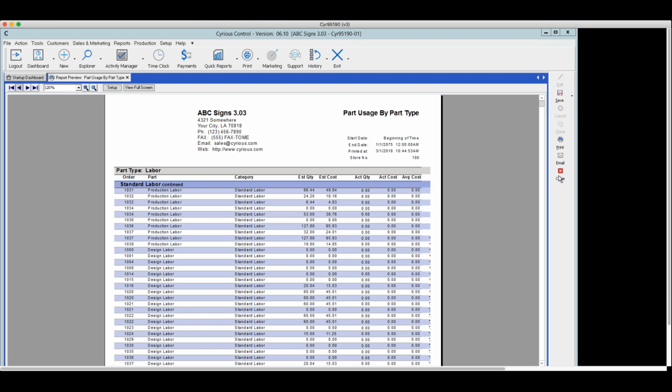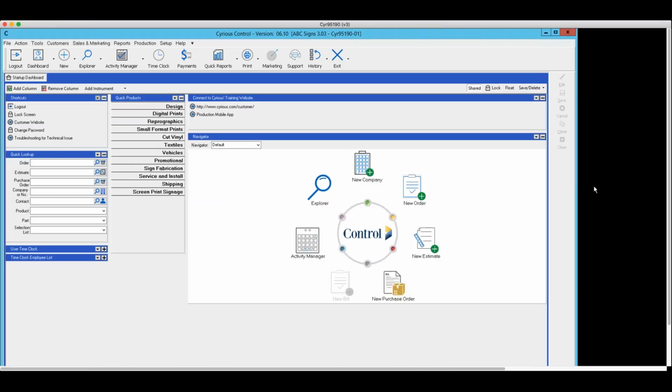If you're looking at it for just a small period of time, it's a very valuable and very meaningful report. But if you're trying to look at it for historical purposes over a large period of time, more than a quarter or half a year or a full year particularly, it's going to be overwhelming. But this is the report that represents the major source of data for pricing evaluation.